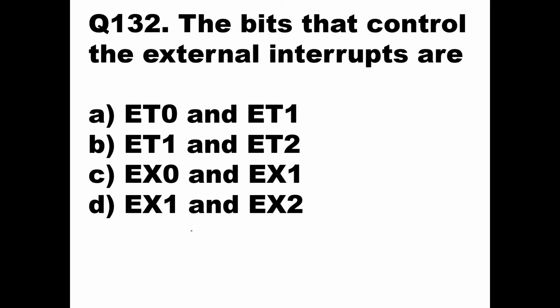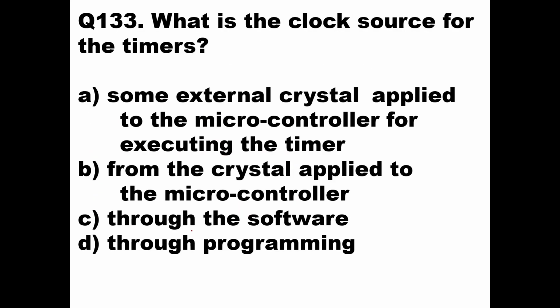EX0 and EX1 are the bits for enabling or disabling external interrupt 0 and 1. EX0 for external interrupt 0 and EX1 for external interrupt 1. So here option C will be the right answer. Then we'll go to the next question.